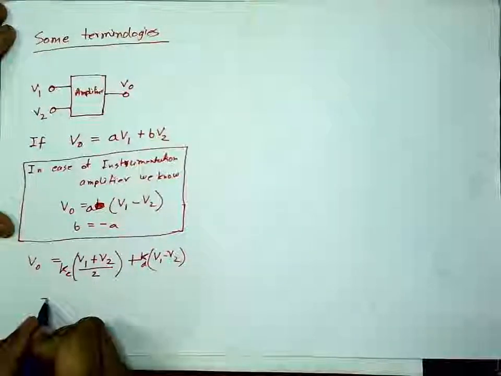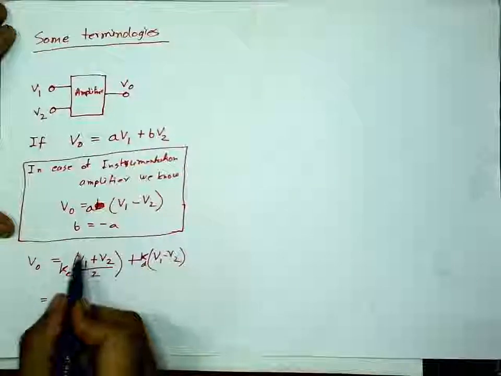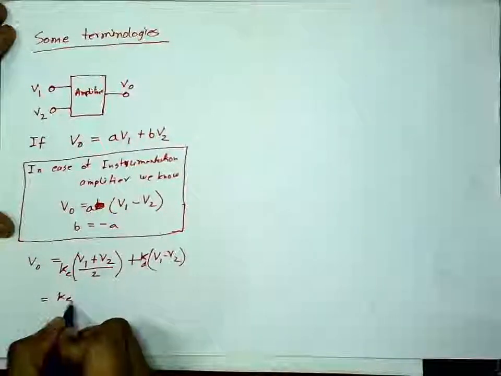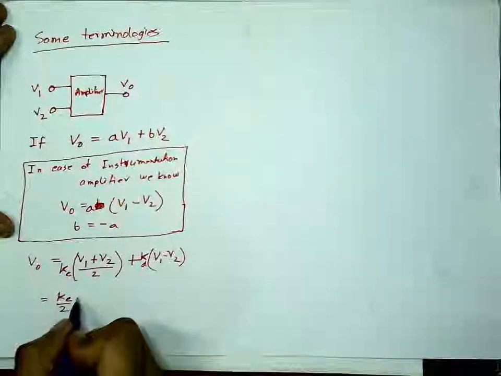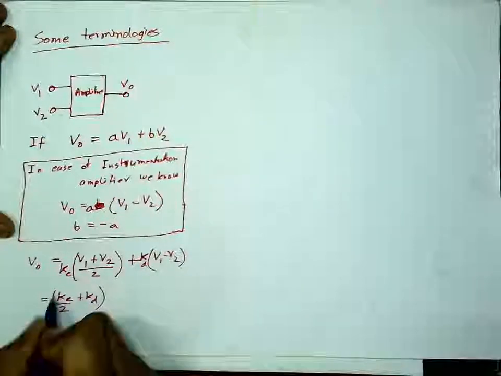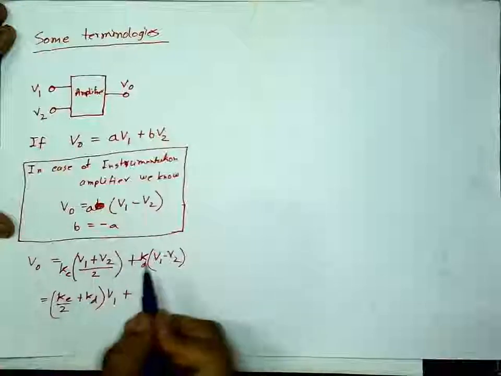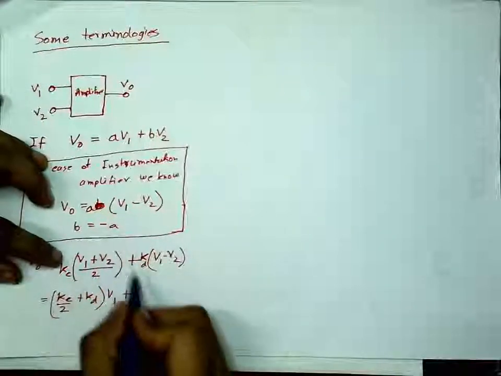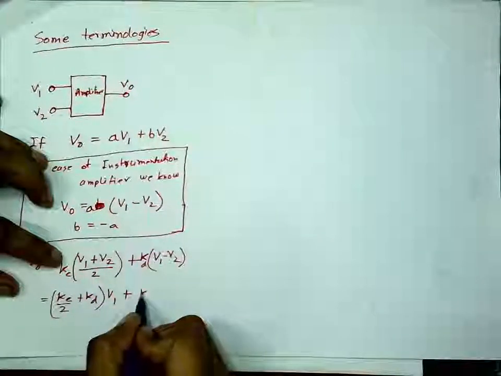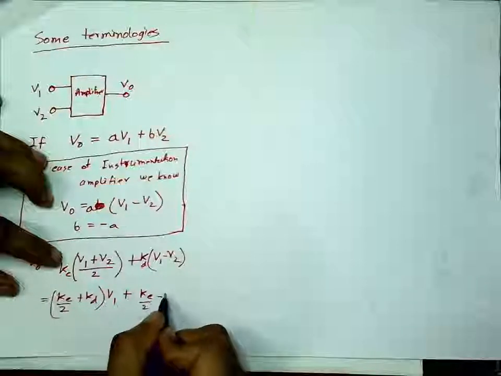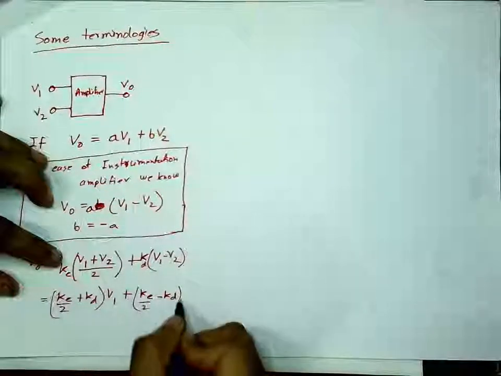If I expand this, with V1 I'll have Kc by 2 plus Kd, times V1, and with V2 I will have Kc by 2 minus Kd, times V2.